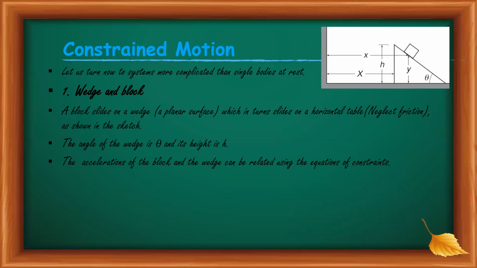Here, an important thing to be noted is that the wedge is also moving. The wedge is moving in the x direction, and the mass is sliding on that wedge.